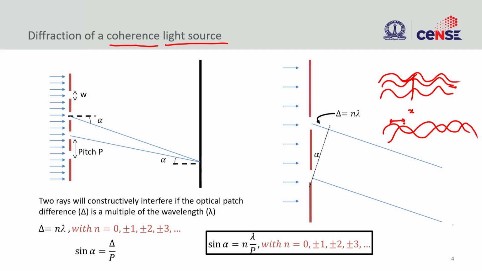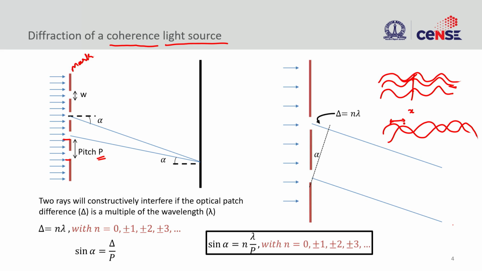Let us look at how diffraction happens if it is a coherent light source, and we are just going to use a ray theory approach. So, you have a mask here, and this mask has this opening, and this opening is characterized by pitch, or periodicity. Both are interchangeable.